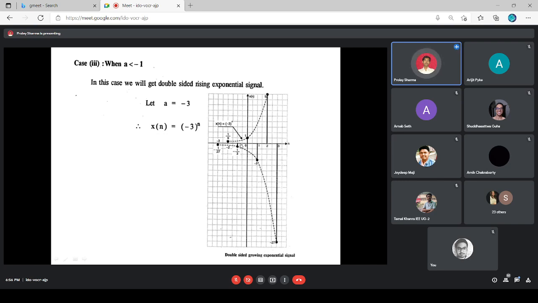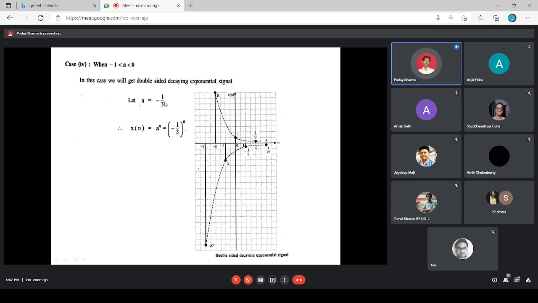So one value will be positive, another value will be negative sequentially. And for the fractional, for the negative values of n, we will get these values. Same way, when a is greater than minus 1 and less than 0, this pictorial representation we are getting for case 4.